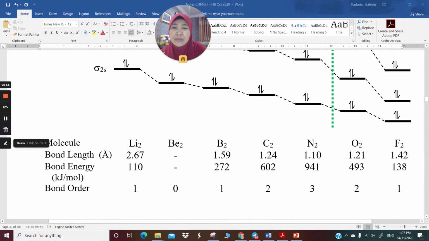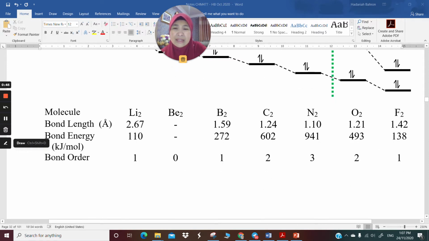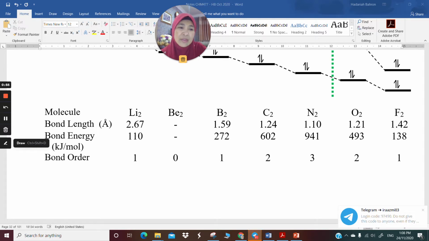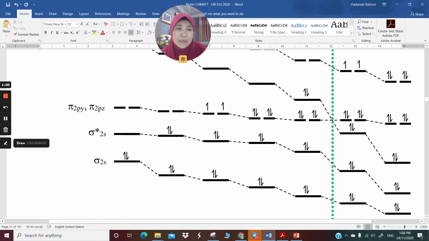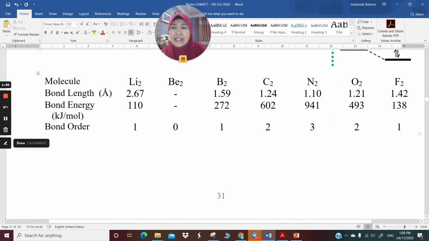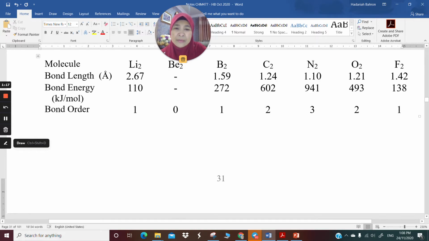The examples we learned previously were lithium 2, beryllium 2, boron 2, carbon 2, nitrogen gas, oxygen gas, and fluorine gas, and how from this diagram we can calculate the bond order of those molecules and predict whether they are going to be stable molecules, or whether they are going to be able to exist in nature.